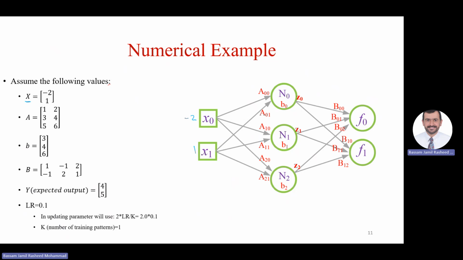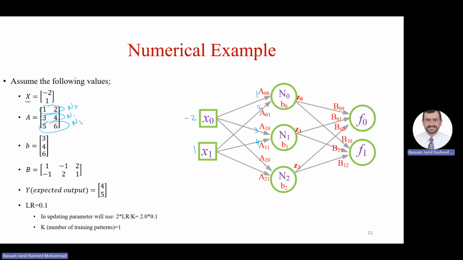Then I have this A matrix for the weights, which means that this value is 1 and this value is 2, this is 3, 4, because this is for n0, this is destined for n1, and this is destined for n2.